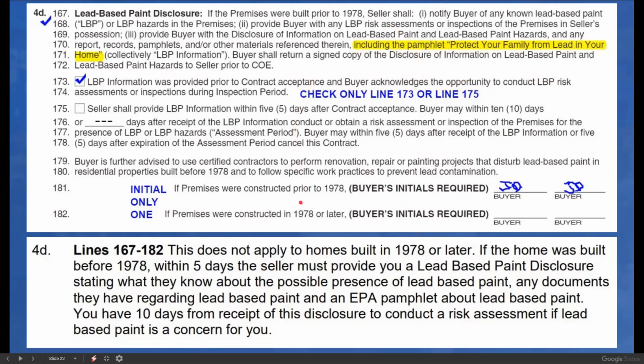It actually says the seller is supposed to provide it, but I've never received a lead-based paint disclosure with that pamphlet attached. If you search for the title of that pamphlet, Protect Your Family from Lead in Your Home, you will find it online. So make sure that your buyer has a copy of that if the home is built prior to 1978. One other thing that's kind of disappointing, that pamphlet is not linked in the buyer advisory, which I found interesting. I think it should be there.